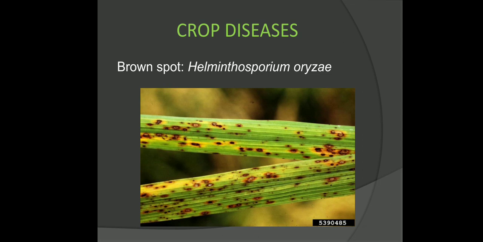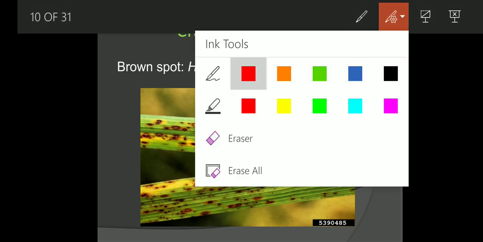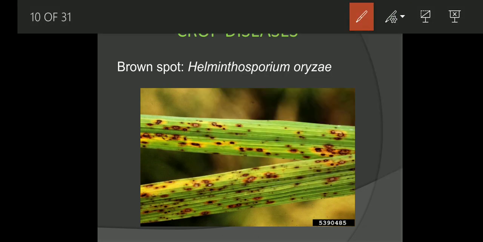Next, we have brown spot. Brown spot in rice is caused by Helminthosporium oryzae. In this, the leaves are having spots, but the spots are smaller as compared to the former one.